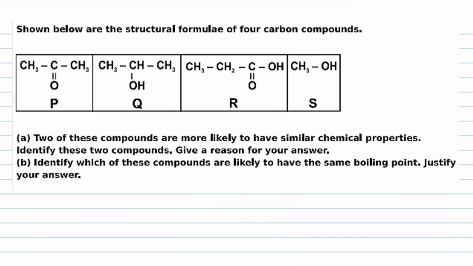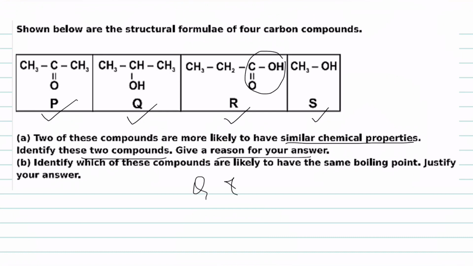Shown below are structural formulas of 4 carbon compounds. 2 of these compounds are more likely to have similar chemical properties. Identify these 2 compounds and give a reason for your answer. So, let's identify all compounds. P is ketone, Q is alcohol, R is carboxylic acid, and S is alcohol again.